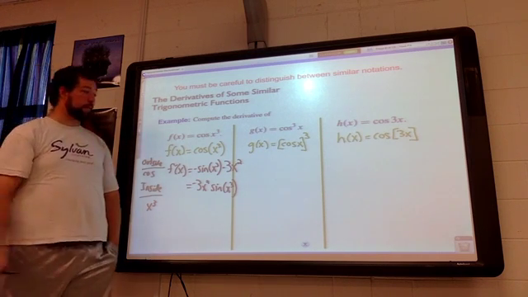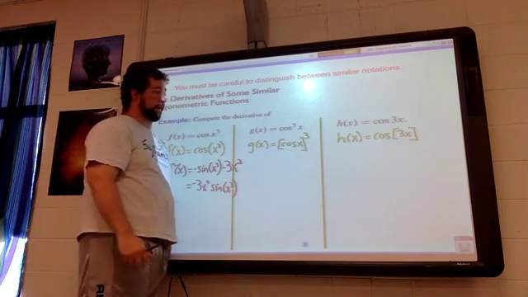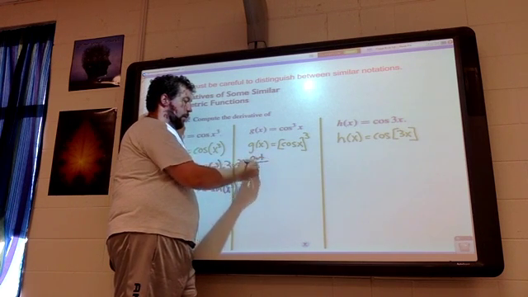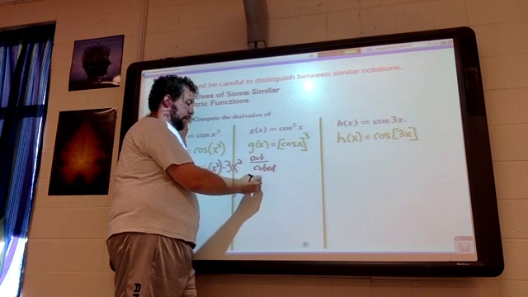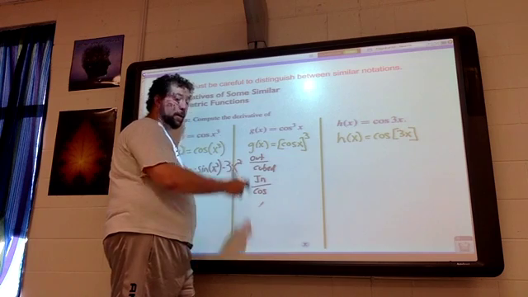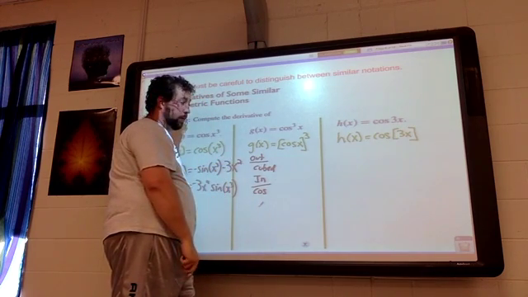All right, for the g, I do similar to that sine problem on the previous page. Here my outside is the cubed, and the inside is the cosine. So it's still a chain rule, it's just the outside and the inside have flipped.